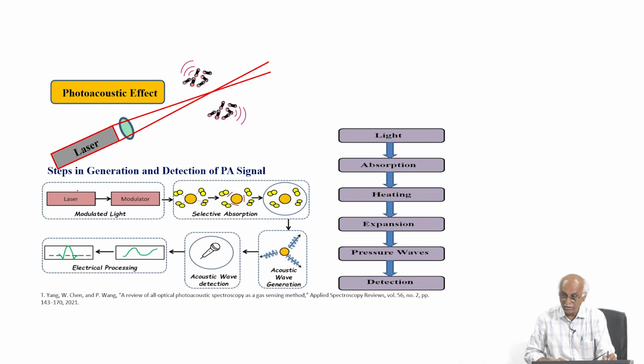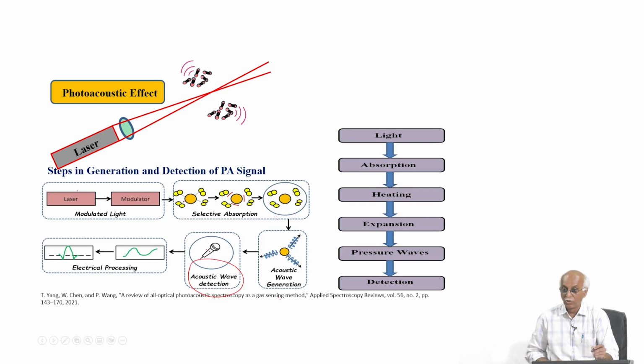I use a laser with a particular wavelength corresponding to the absorption of the molecule, and modulated intensity, amplitude or intensity modulation, will end up with heating and cooling of the molecules. Whenever light is present, heating; when light is absent, cooling. This will generate acoustic waves, which will be captured using microphone detection. This microphone output has a relationship with the concentration of the molecule.